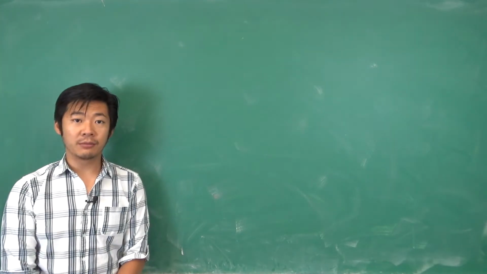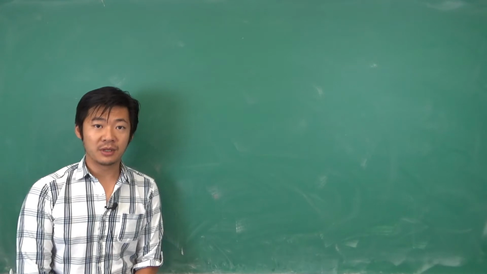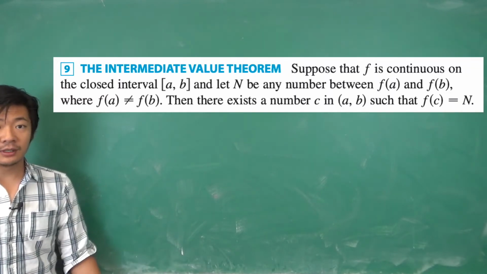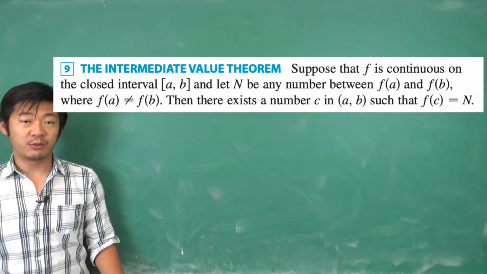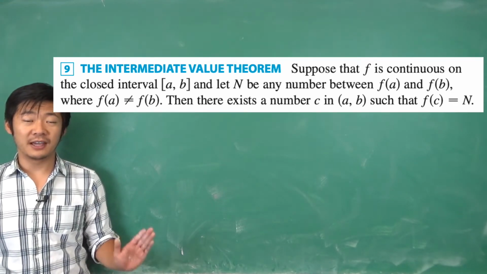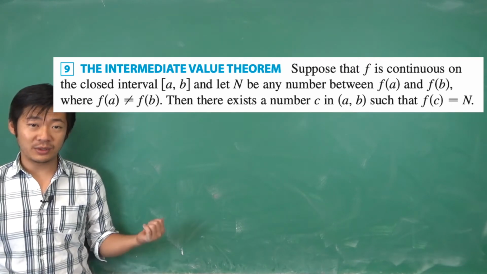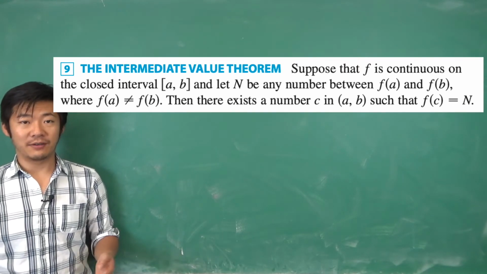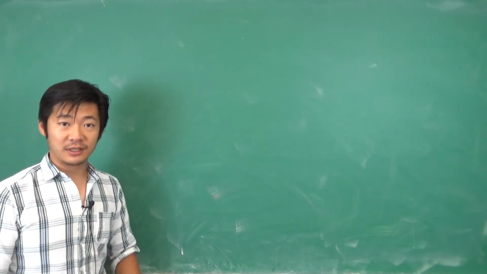One important theorem concerning continuous functions is the intermediate value theorem. So here it is. Given a continuous function on an interval, if we pick a number between f of a and f of b, then there must be a number c between a and b such that f of c is equal to this number. Visually, something like this.